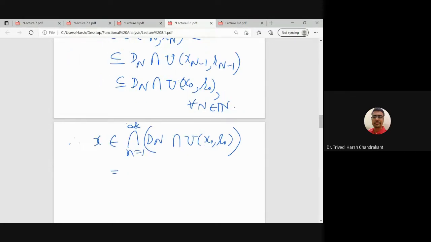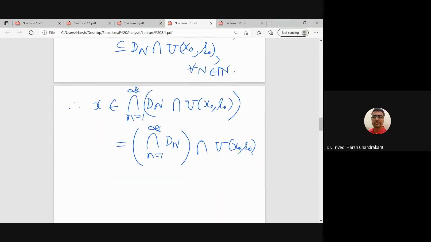So this is a subset of the intersection of the DN. In fact, it is the same.